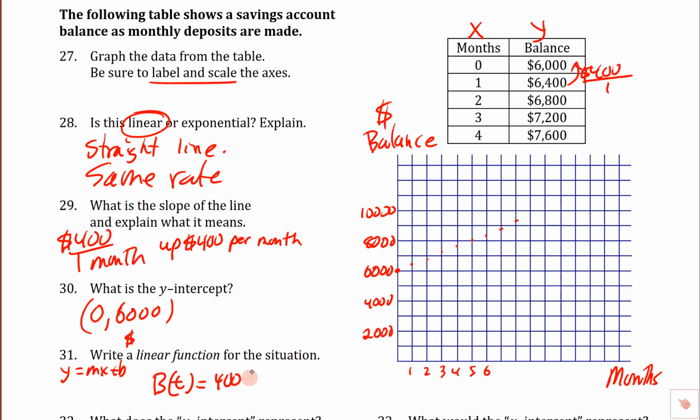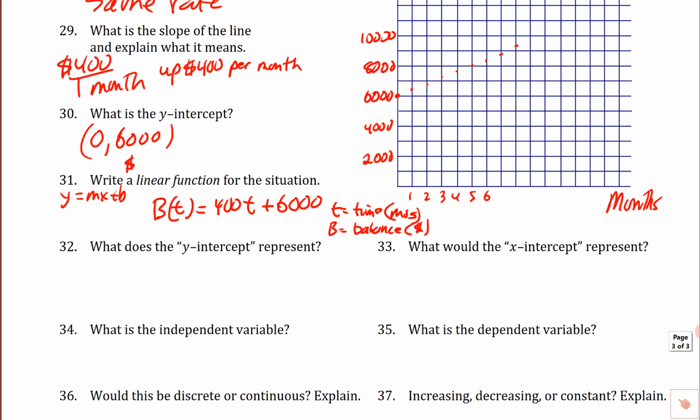I'm going to write 400t and then plus 6,000. And we're going to say t equals time in months, and b equals balance, in dollars. Okay. All right, let's slide down here and let's take a look at what else we've got.